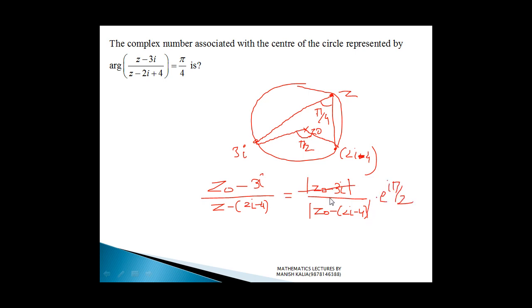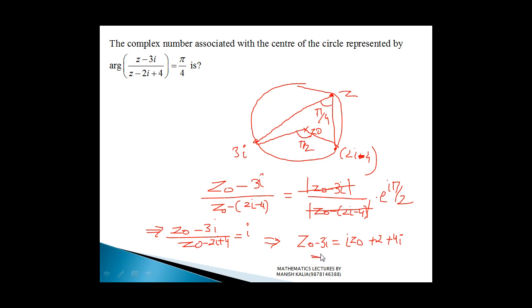But these two moduli are equal because they are equal to the radius. So this implies z naught minus 3 iota upon z naught minus 2 iota plus 4 is equal to iota. So cross multiplying, z naught minus 3 iota is equal to iota z naught plus 2 plus 4 iota.